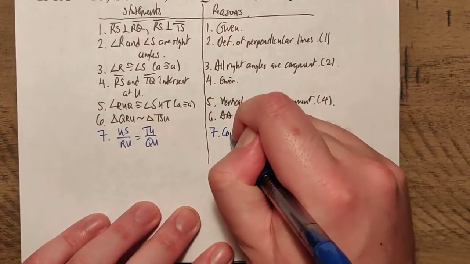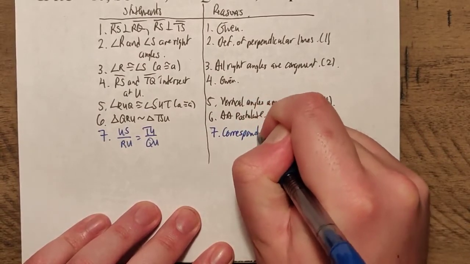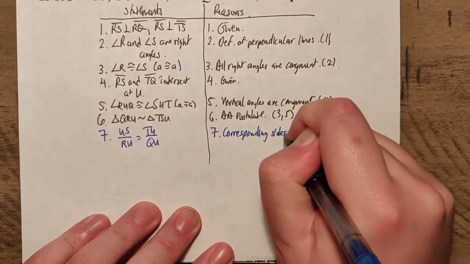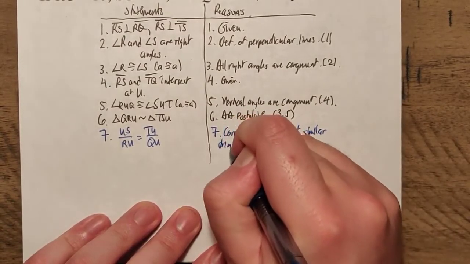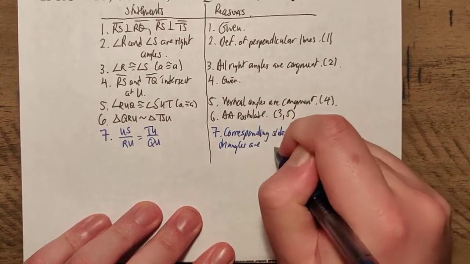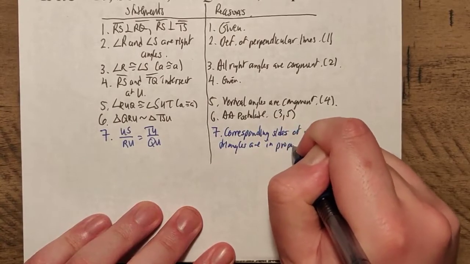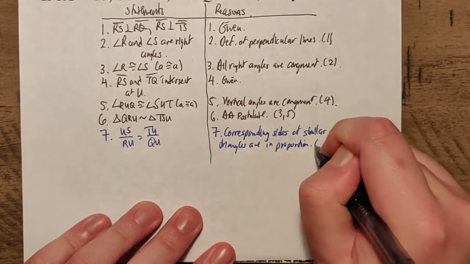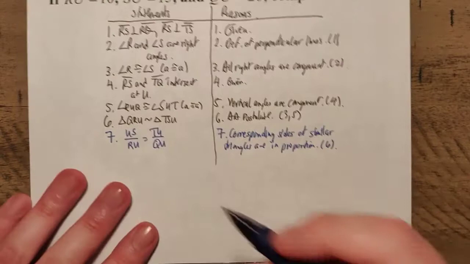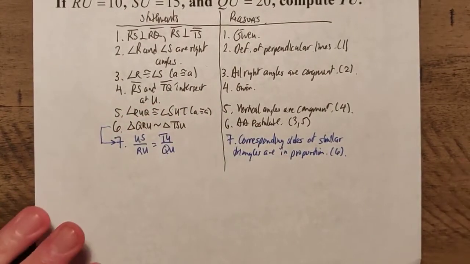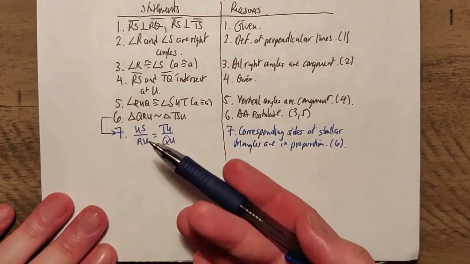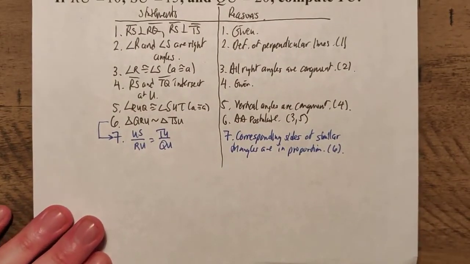We can say that corresponding sides of similar triangles are in proportion. And notice that comes directly from step 6 here. So this allows us to get to this here. We can go from here to here.